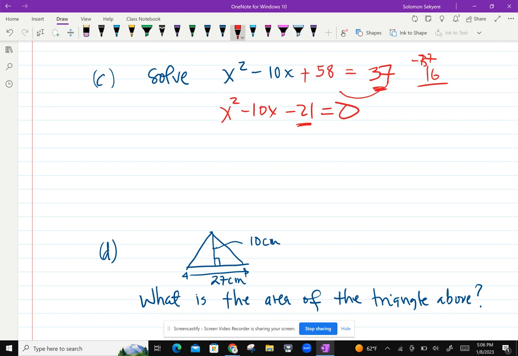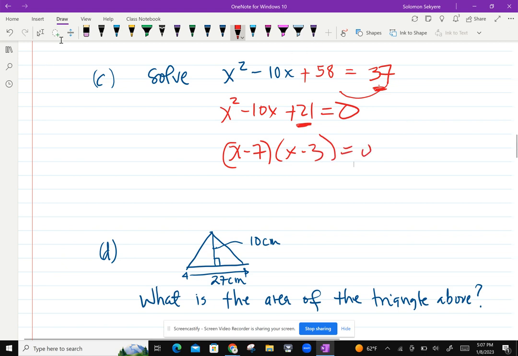Sorry, plus 58. I changed the question. Plus 58 equals 37. Okay, so when I move this over here, it will be 58 minus 37, which will be positive 21. So factors of positive 21 that add up to negative 10. What are those? x minus 7, x minus 3 equals 0.